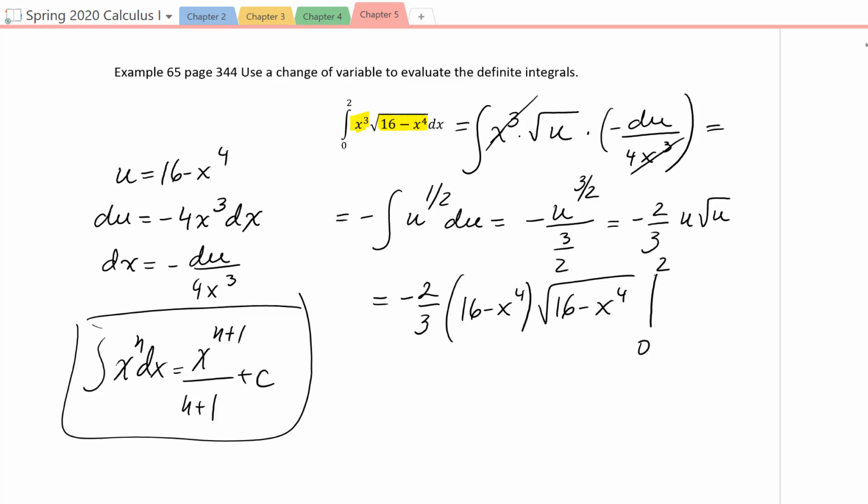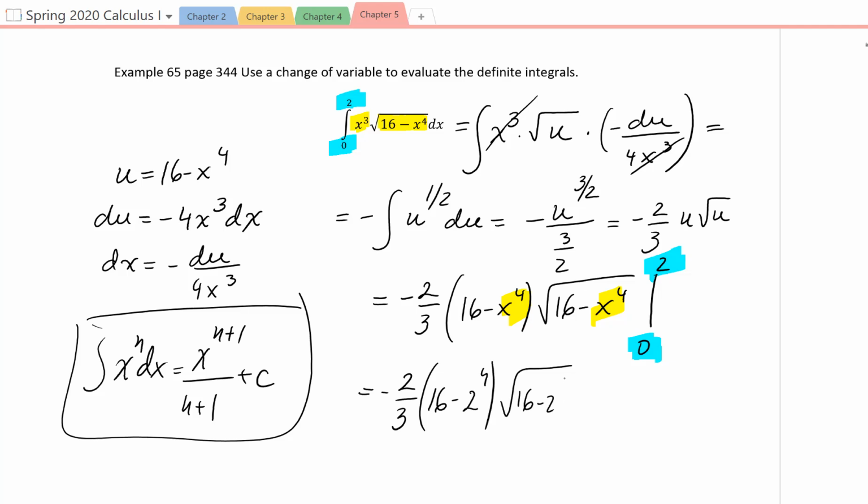So now I used 0 to 2 just because I have the same variable as the original problem. So we get negative 2 over 3. Now we replace everywhere we see x, we put 2. So it's 16 minus 2 to the 4th, square root of 16 minus 2 to the 4th, minus from the formula, and now I copy everything again, so negative 2 over 3, and instead of x we put 0.